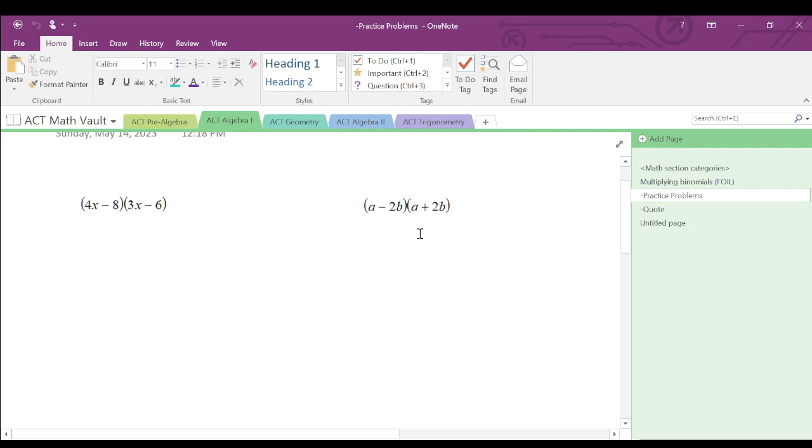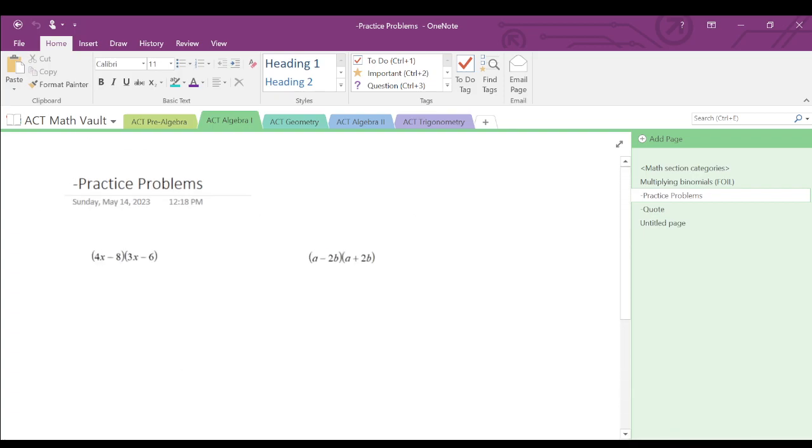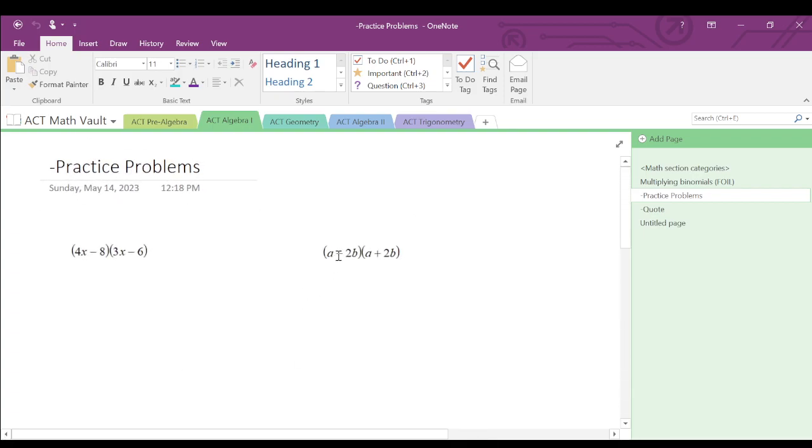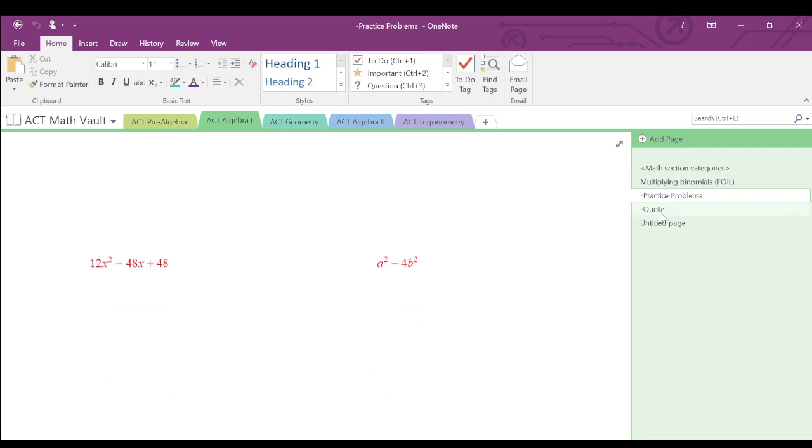But this answer I'm going to show you in just a sec if you want to pause the video. That answer is missing a middle term because do you notice how one of these, this is called the difference of squares, one is going to be adding and one is subtracting. So that middle term is going to be 0. So practice those, see how they go.